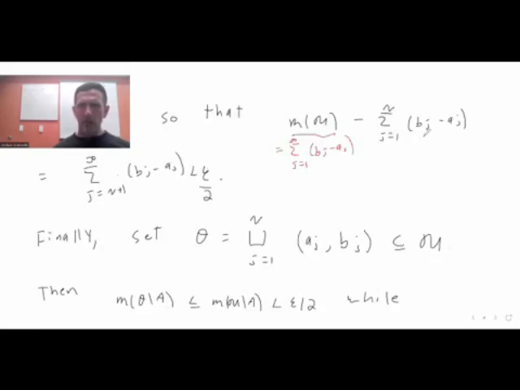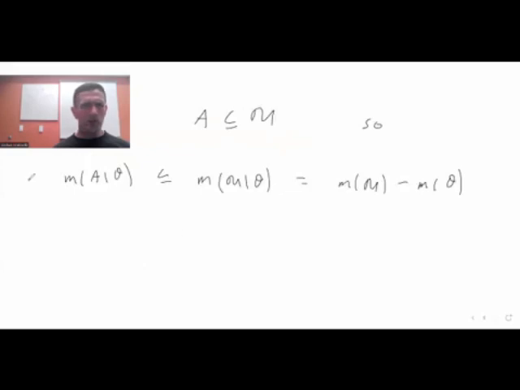So just like here, this is the measure of theta, because theta is this disjoint union. So we already have it here. The measure of U minus the measure of theta is less than epsilon over 2. It's exactly what we just had a second ago.